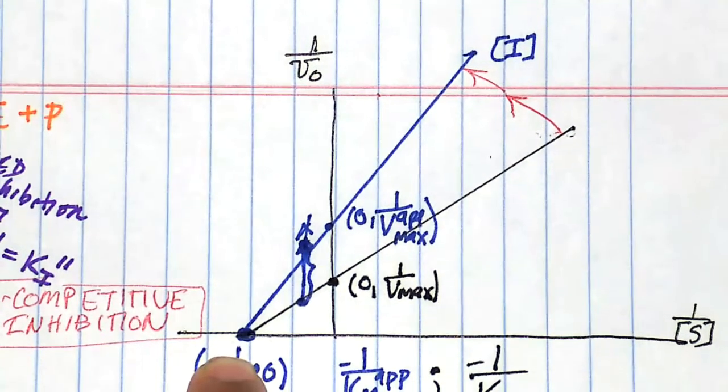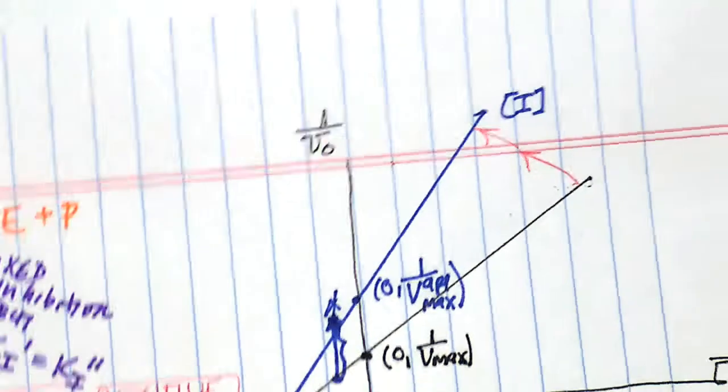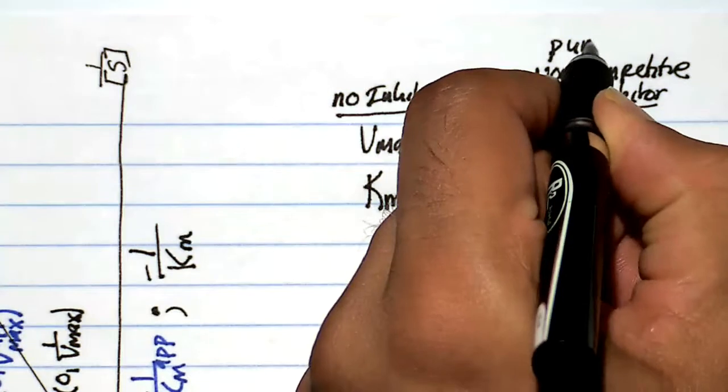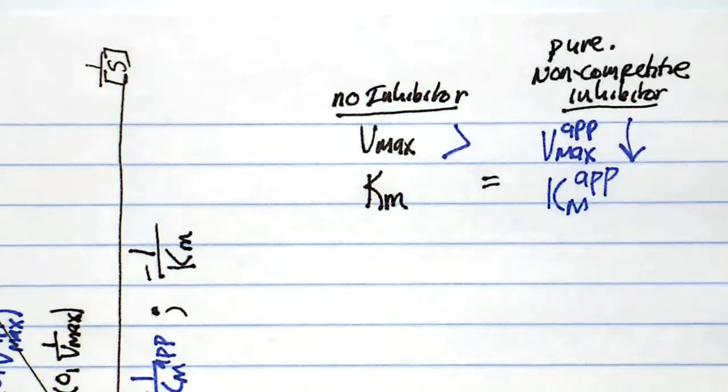The common x-intercept means they are equal. So the substrate concentration to achieve V max over 2 is unaltered, provided that you have pure non-competitive inhibition.